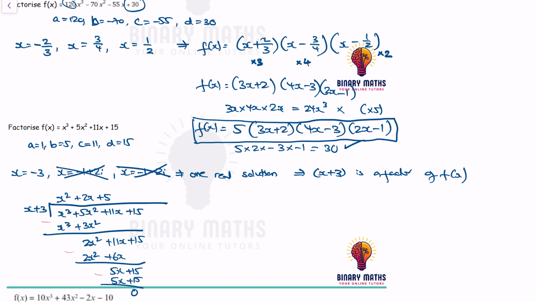Which means I can write f of x as x plus 3 times x squared plus 2x plus 5. And I know that x squared plus 2x plus 5 does not factorize further because there are no other real solutions. So I'd leave it as a product of 2 brackets rather than 3.